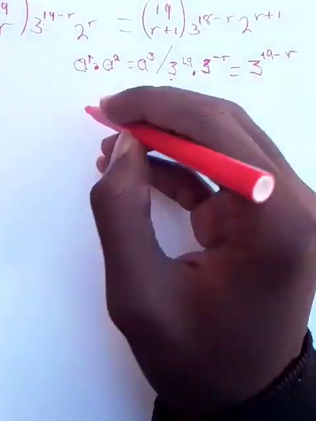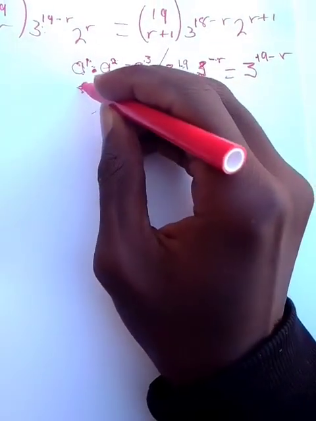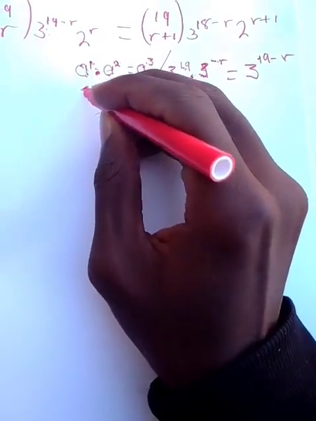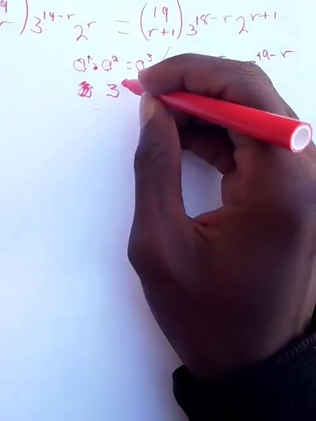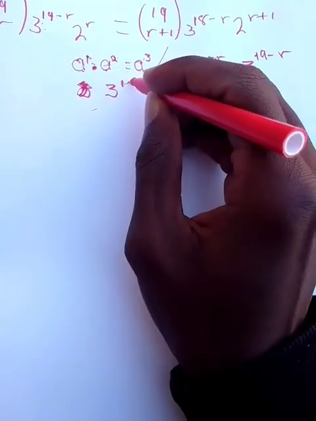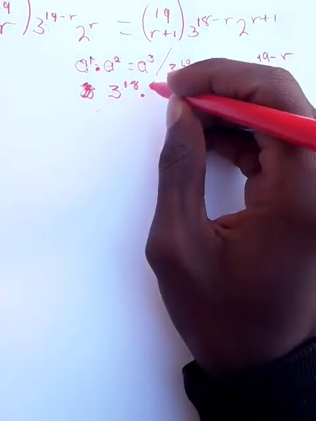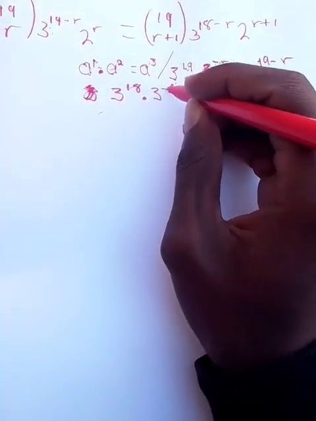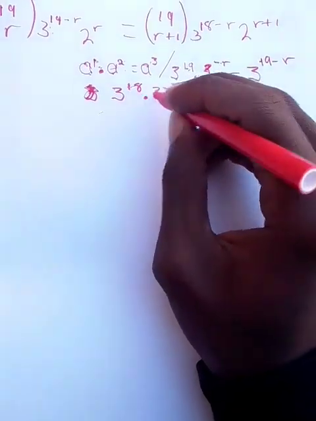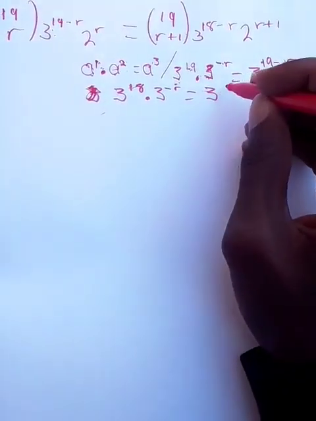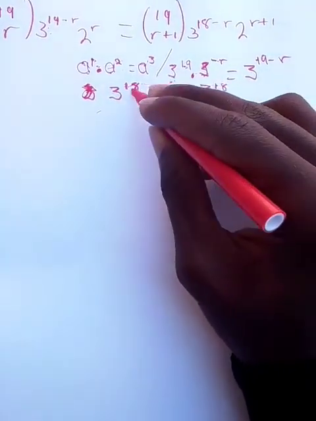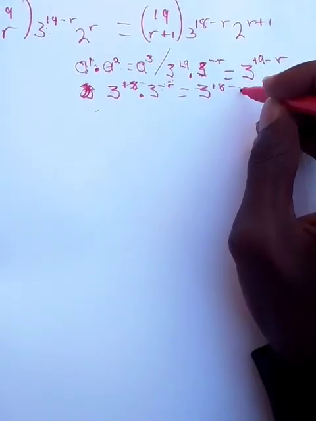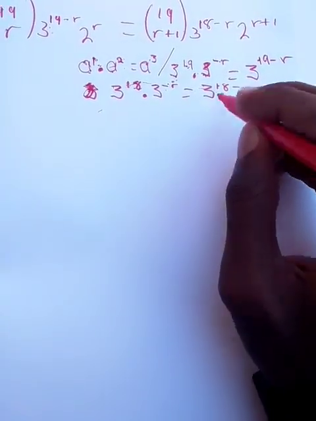And also, let me make it more clear here. If I have 3 to the power 18, being multiplied with another 3 having power negative r, this can also be written as 3 raised to the power of 18 minus r, because I'm adding the exponents, which is what I have here.